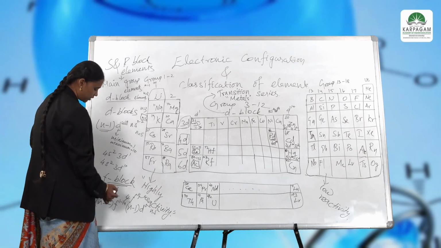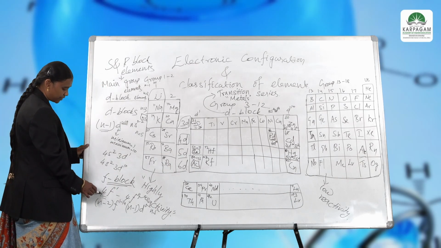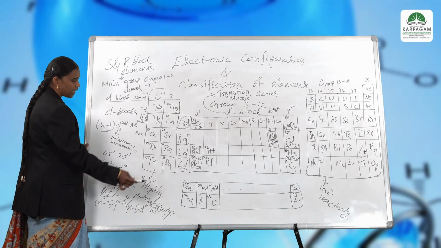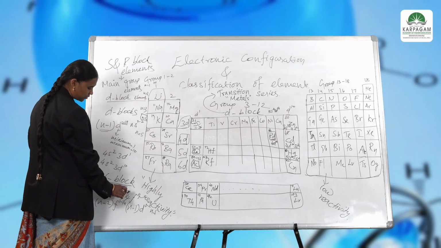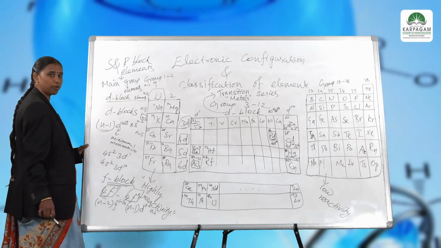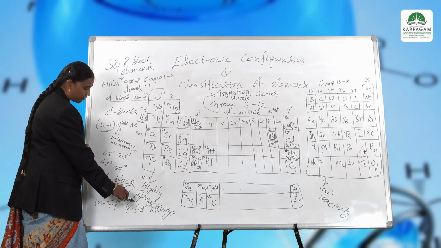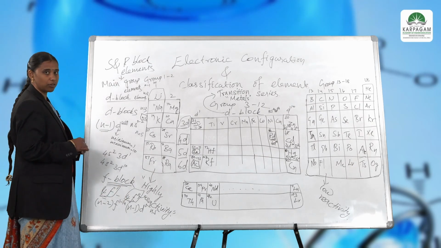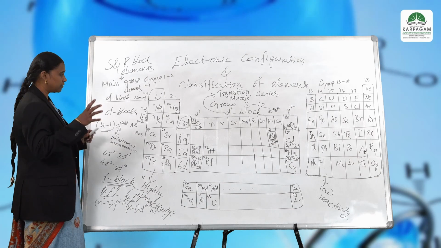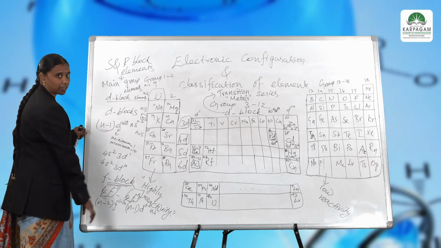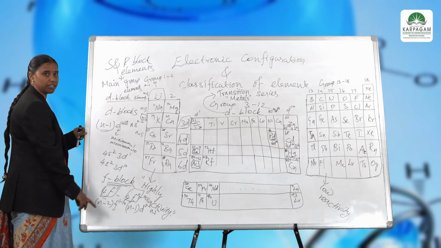That's why electrons in lanthanides fill 4f1 and lutetium ends with 4f14. The f orbital's maximum electron capacity is 14 electrons and the minimum is 1.